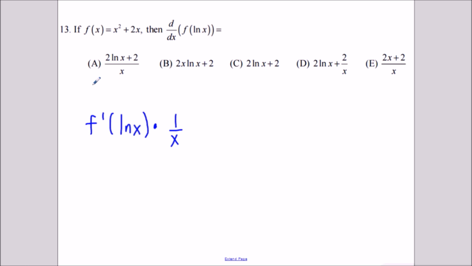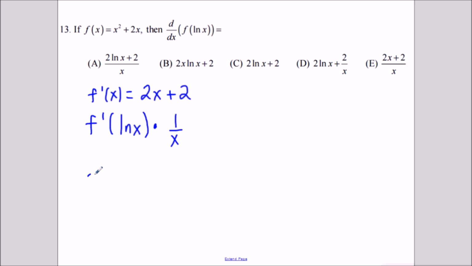So if f of x is equal to x squared plus 2x, then f prime of x is equal to 2x plus 2. To evaluate this expression, instead of f prime of natural log x, we can plug natural log x into the derivative that we just found.